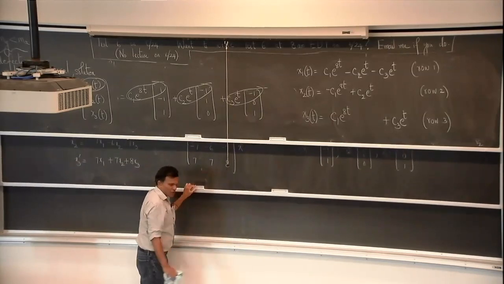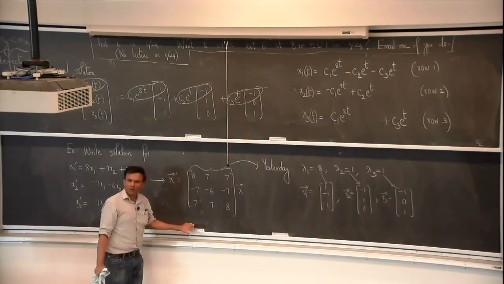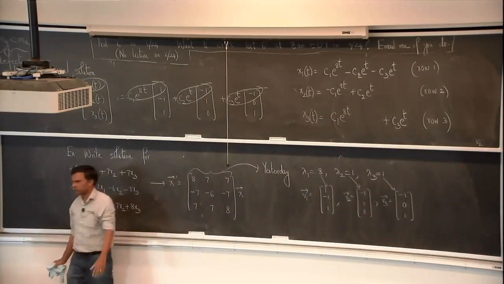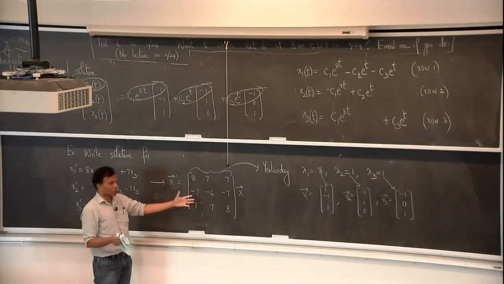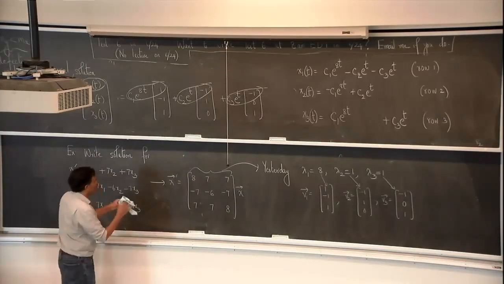How do we find those constants C1, C2, C3 and so on? Any idea? What kind of information do we need to find C1, C2, C3? What kind of information did we use earlier when we solved for C1 and C2? Initial, yeah. So in this case, we need some kind of initial vector x of 0 to solve for C1, C2, and C3.